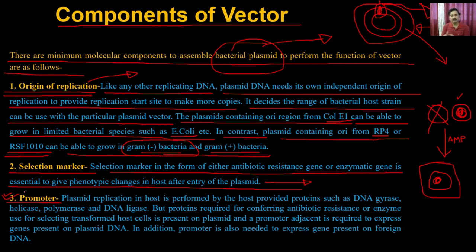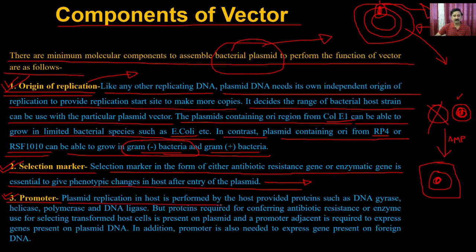The promoter is always present on the expression vector, and it is not an essential component for the cloning vector. So for a cloning vector, you require only two components: the origin of replication and the selection marker. Whereas for the expression vector, you require the origin of replication, the selection marker, as well as the promoter.